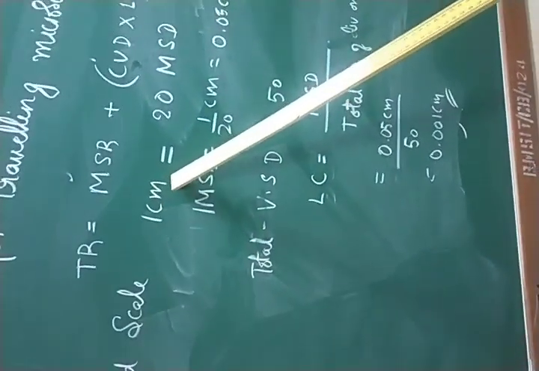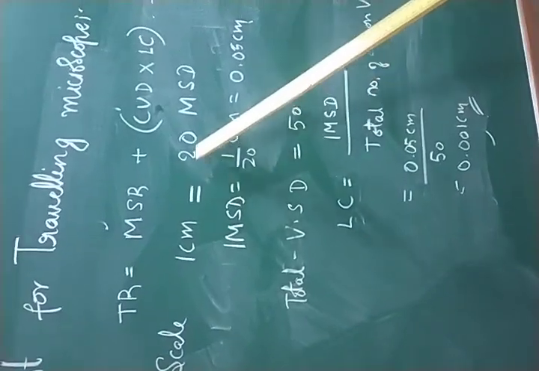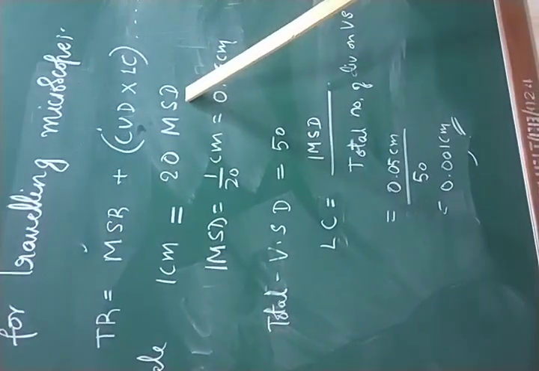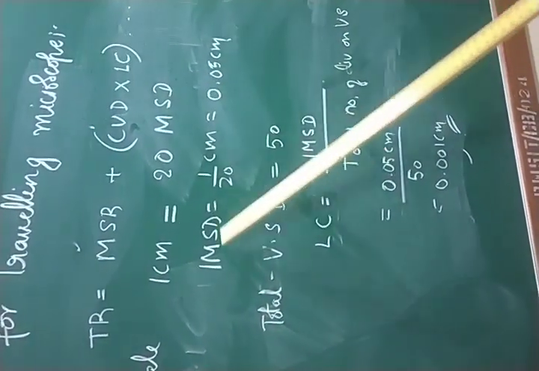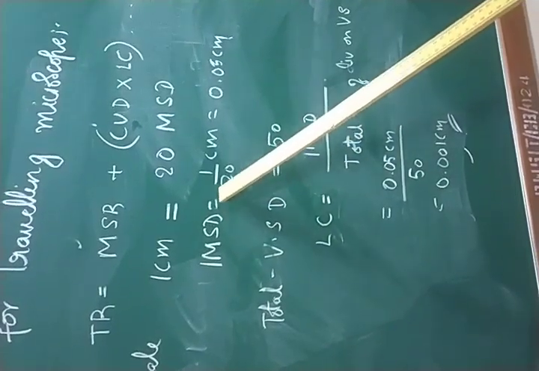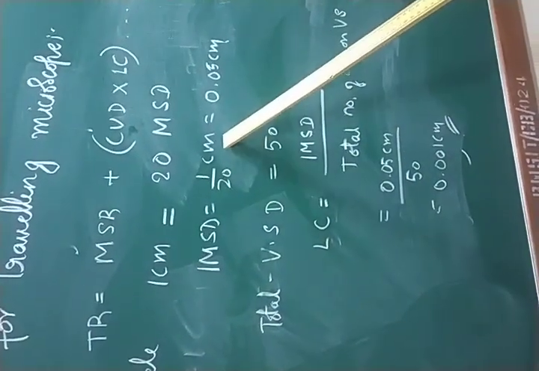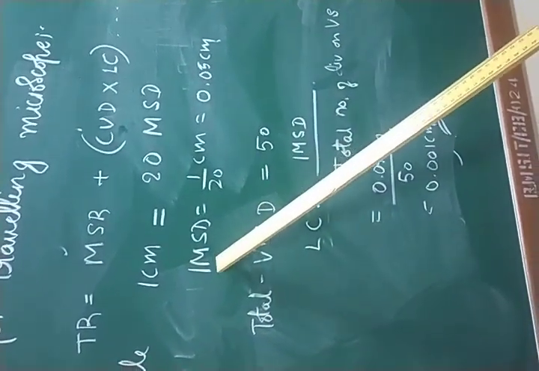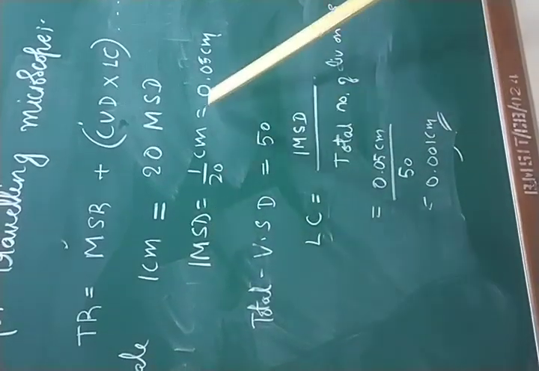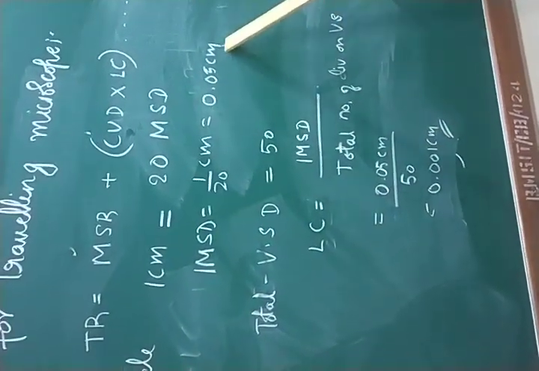So 1 centimeter in the main scale is equal to 20 main scale divisions. Therefore, 1 main scale division will be equal to 1 by 20 centimeter, that is 0.05 centimeter.